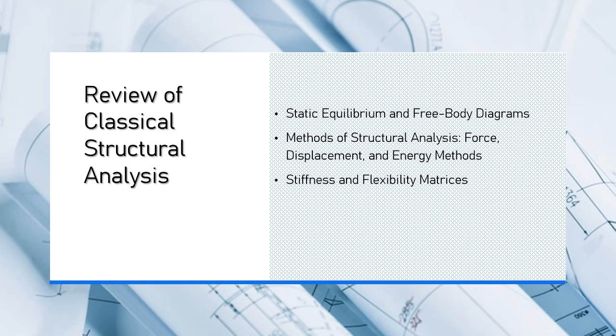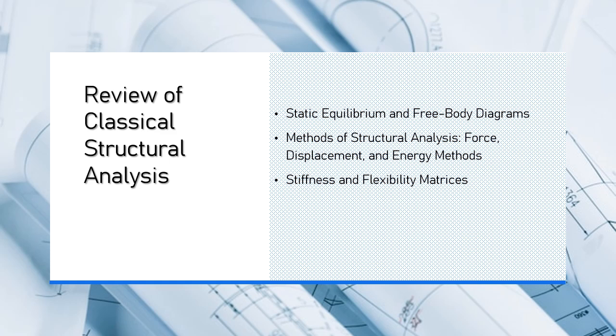For instance, for a truss element in 2D, the stiffness matrix for a linear truss element can be written as K equals EA over L times a matrix of cos squared, cos sin, cos sin, sin squared, where E is the Young's modulus, A is the cross-sectional area, L is the length of the element, and theta is the angle of the truss element with respect to the coordinate axis.